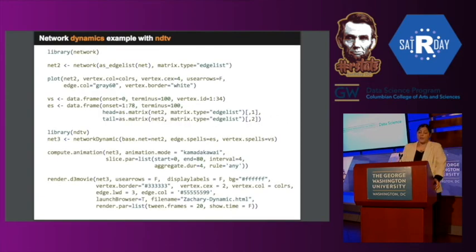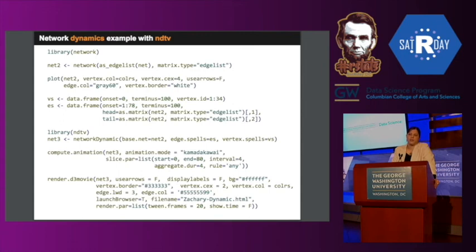Now, with this additional information, we can take our network, and what we'll do with it is, first, extract just the list of edges from it. That's what we're doing in this line where we're creating a second network, net2. We're plotting it a little bit just to see what it looks like, and then we'll fake some longitudinal data.